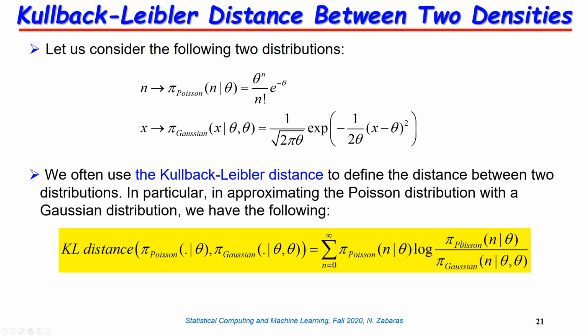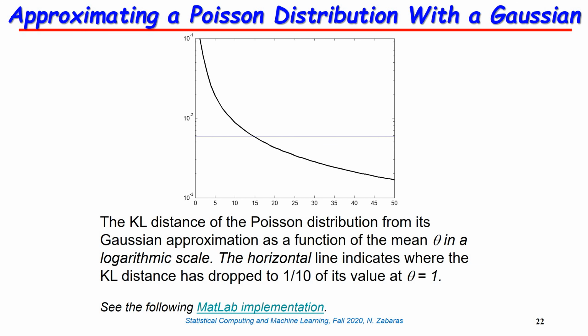And if you compute this by plugging in the two densities that you see on the top, and you sum for all possible values of n, you actually get a plot that looks like this. The vertical axis is the log of the KL distance, and the horizontal axis is the parameter theta of the Poisson distribution. You can see the higher the theta, the better the approximation.